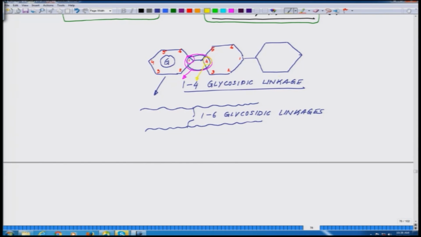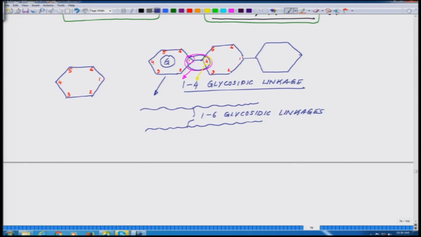Say for example, there is a bond which forms between, let me again write 2 glucose molecules. Say this is 1 glucose molecule sitting here, and let's number them 1, 2, 3, 4, 5, 6. Okay.